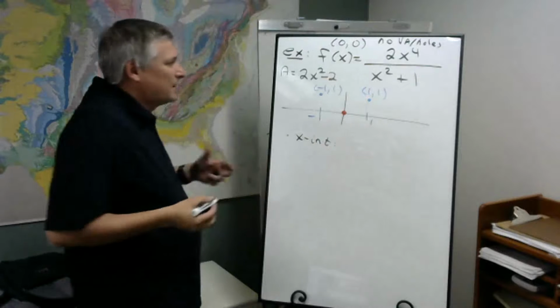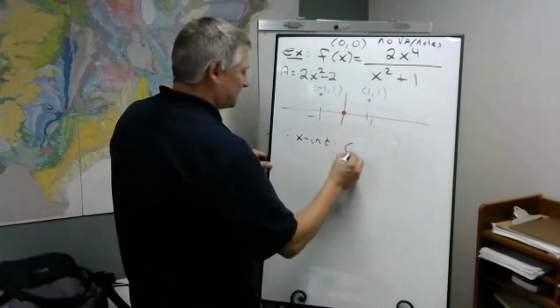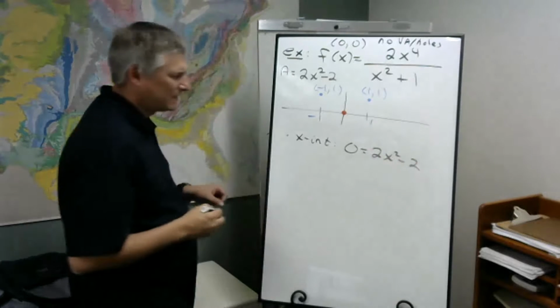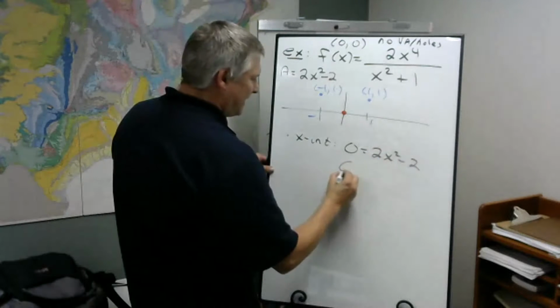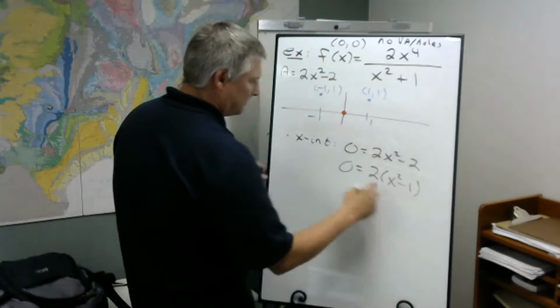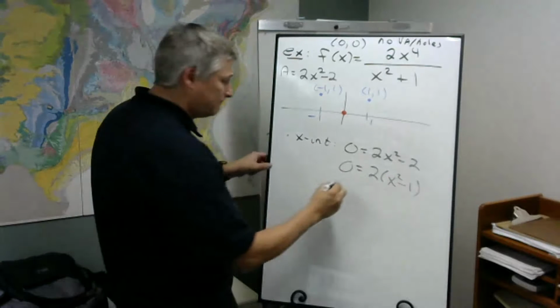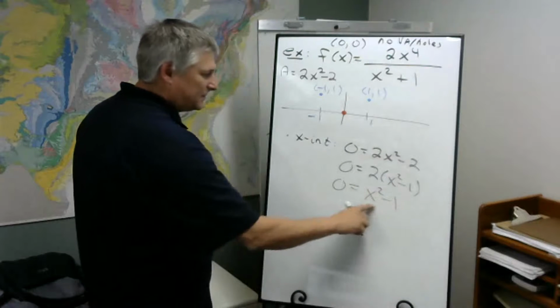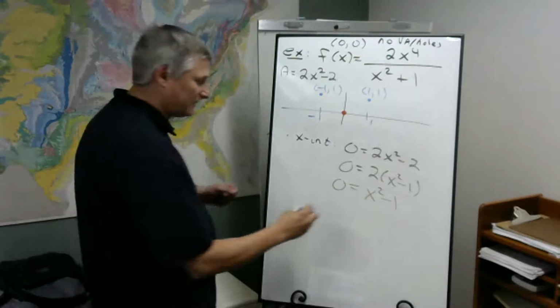So you find the x-intercept when y is 0. So 0 equals 2x squared minus 2. Or you can factor out a 2. Divide both sides by 2. And this is the difference of squares.